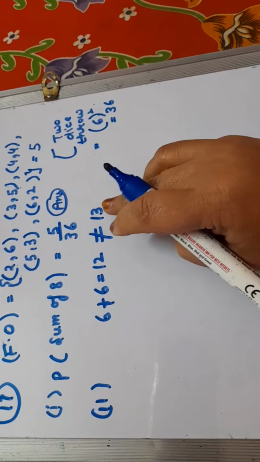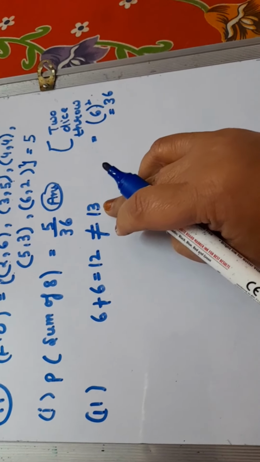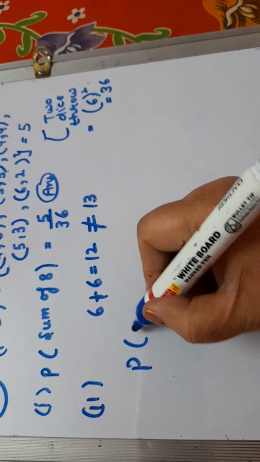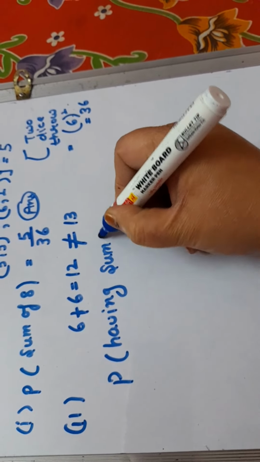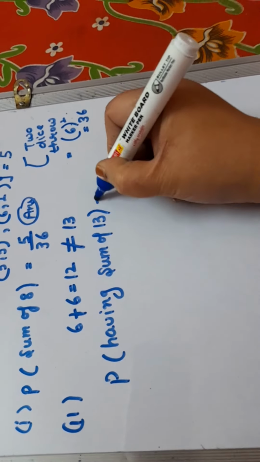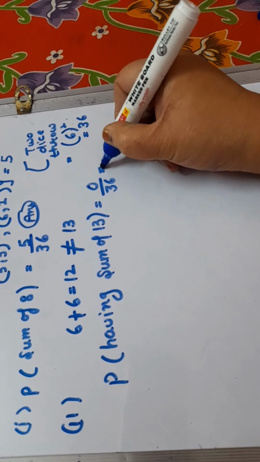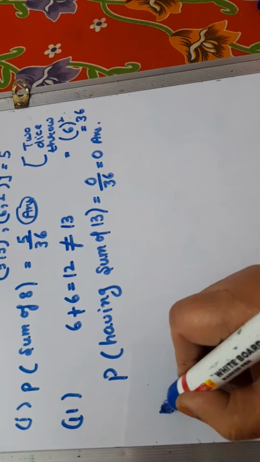So the probability of having the sum of 13 is not possible. Because 13 cannot come, favorable outcomes are 0, total number of outcomes 36. So probability is 0. This is our second answer.